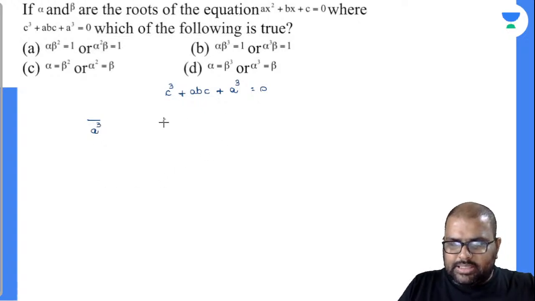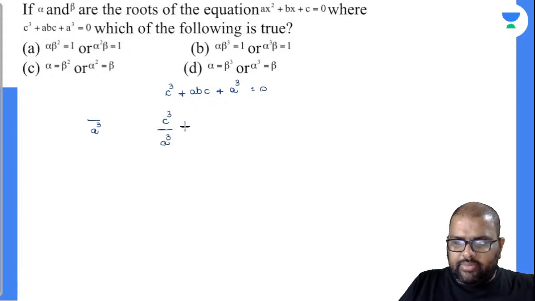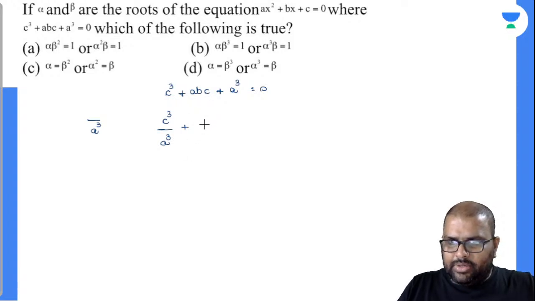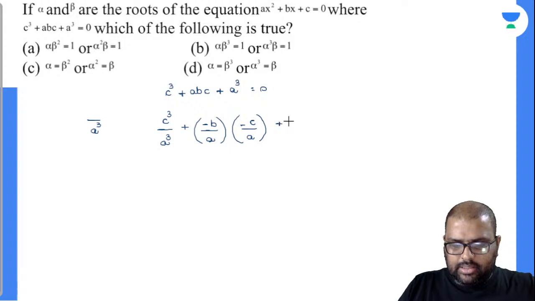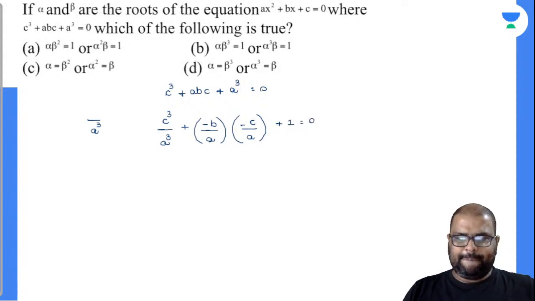So can I write like this, c cube by a cube plus, minus b by a, so a will be cancelled, into minus c by a. Will you accept with me regarding this? Yes, perfectly. Now plus 1 is equal to 0. Done.